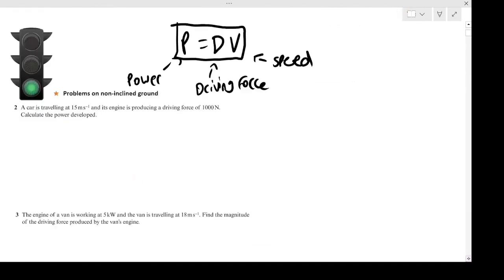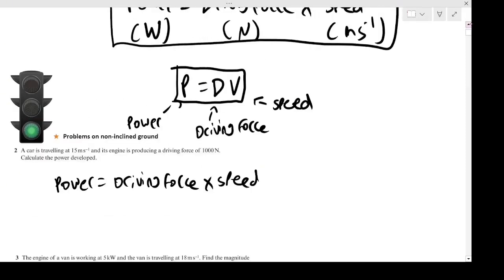So I've got this question first. I'm told a car is traveling at 15 meters per second, and its engine is producing a driving force of 1,000 newtons. Calculate the power developed. It's asking for the power. We know that power is the driving force times speed, which we went over a second ago.